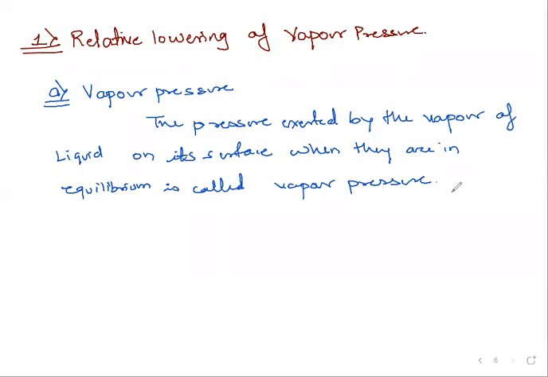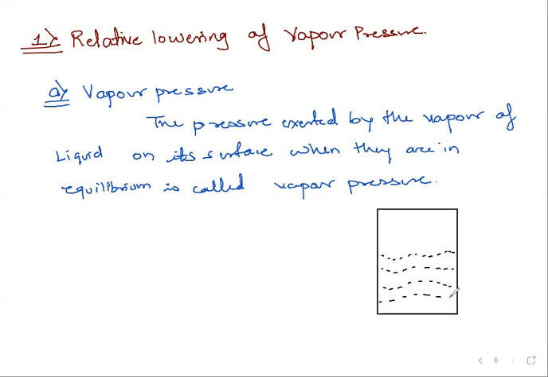Now here we have some symbols. Consider we have a vessel. Okay? You can see it here. And this is our solvent. So this is our solvent.